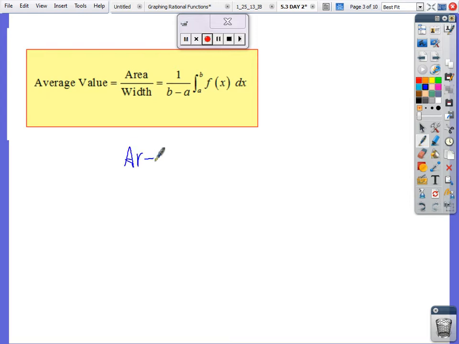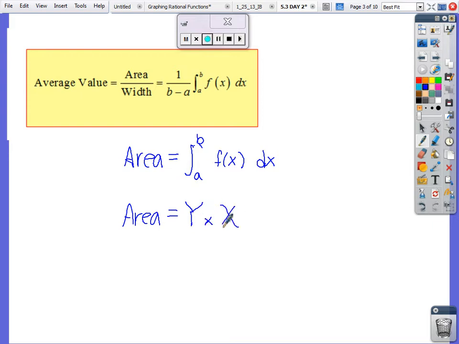If you think about the way we've been doing area, we've essentially been doing the integral from b to a of f of x, and the way that we find the area is by remembering your y-axis unit multiplied by your x-axis unit. So in a sense, we're really doing an area as a height times a width with a bunch of rectangles, and then we sum them up.